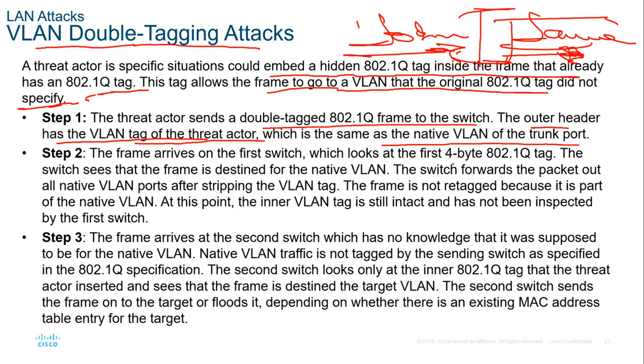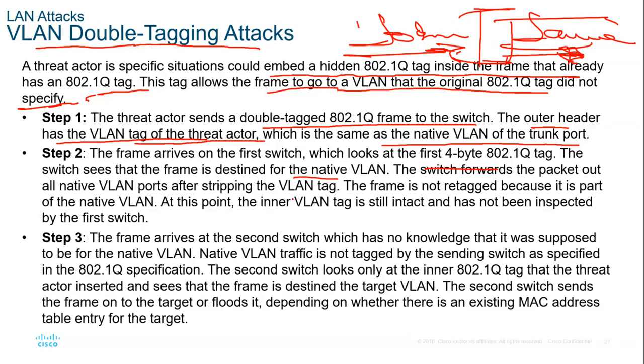Step number 2, the frame arrives on the first switch, which looks at the first 4 bytes. The switch sees that the frame is destined for the native VLAN, which is not supposed to be checked, and forwards the packet out of the native VLAN port.